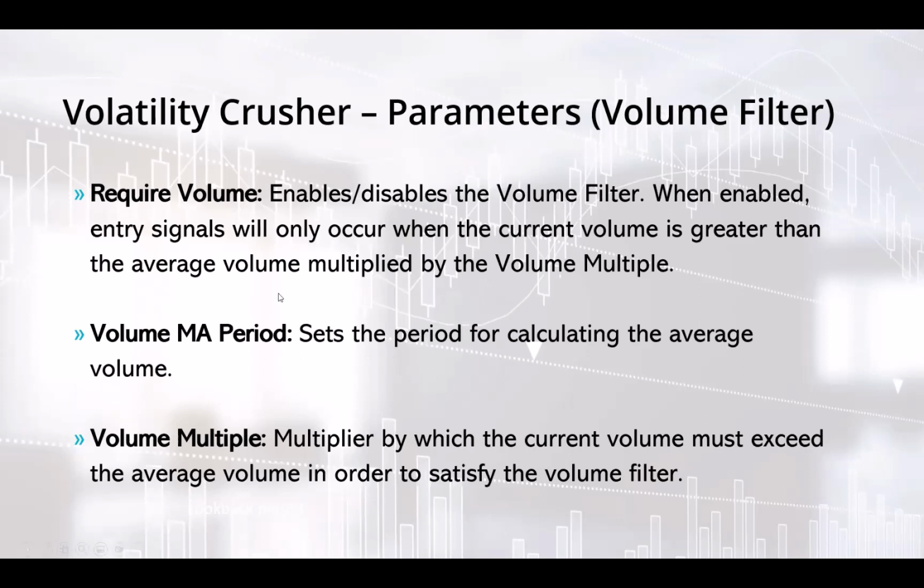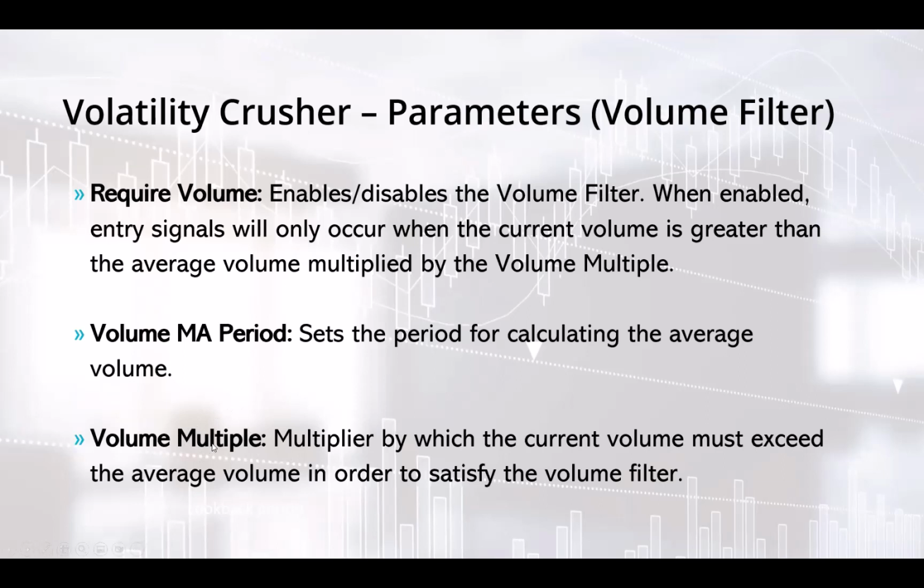How is abnormally high volume measured? Again, we're looking at the average volume. If volume is above the average volume times this multiple, then we have abnormally high volume. So let's say we have a bar with a volume of 1 million, but the average volume is only 500,000. And let's say our volume multiple parameter is set to 1.5.